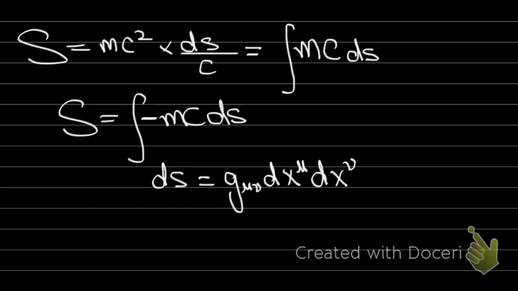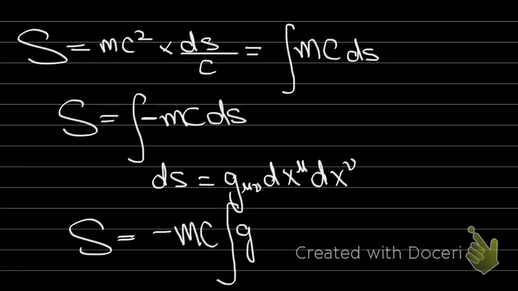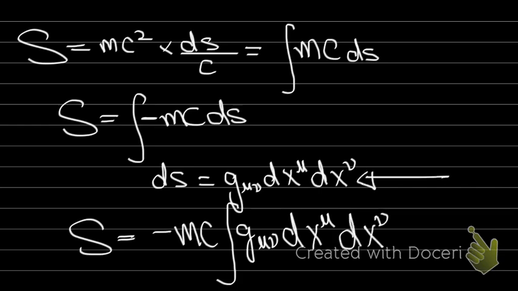So with this, I can also write my action as the negative integral, or actually let me write mc outside the integral because they're constants, of the square root of g mu nu dx mu dx nu. So I have just substituted in ds with this.